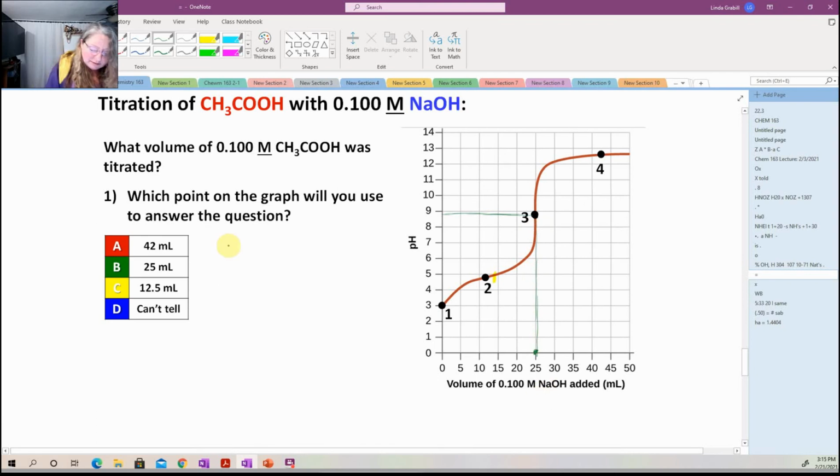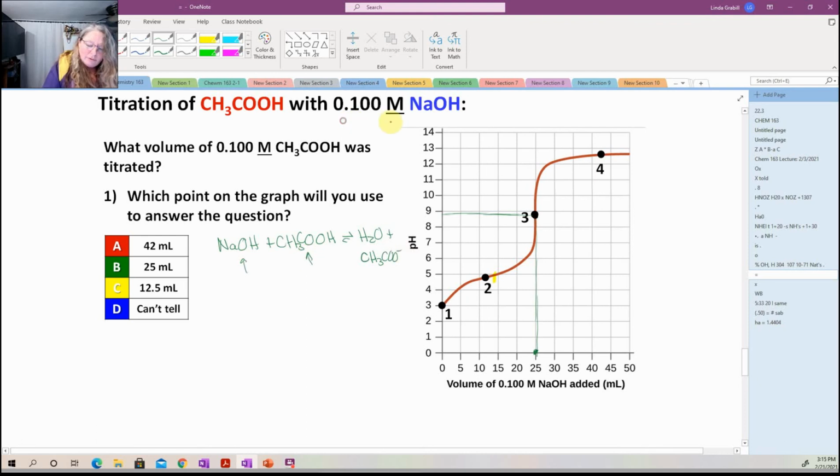Now I can remind myself what that reaction is. It was this NaOH plus my CH3COOH. Whoops, I dropped a C. Going to water and my conjugate base, CH3COO minus. These are 1-to-1 ratios, right?